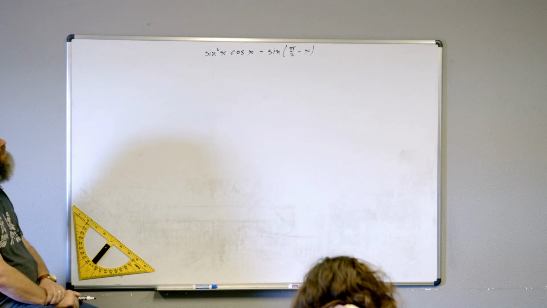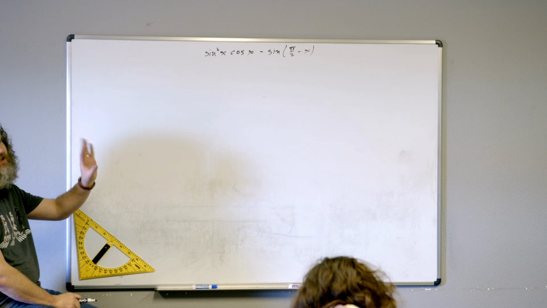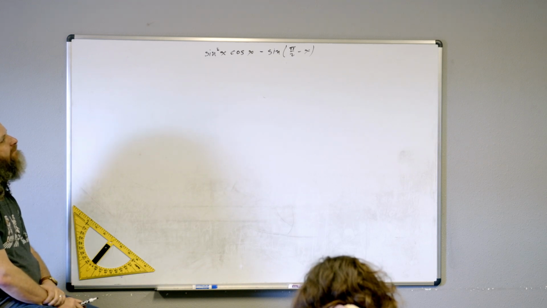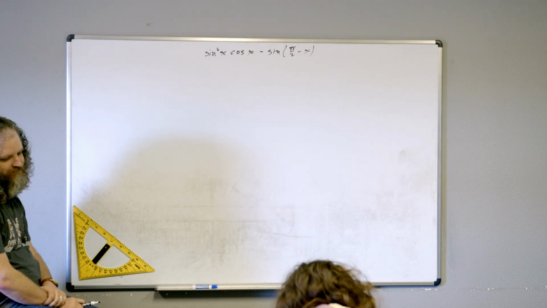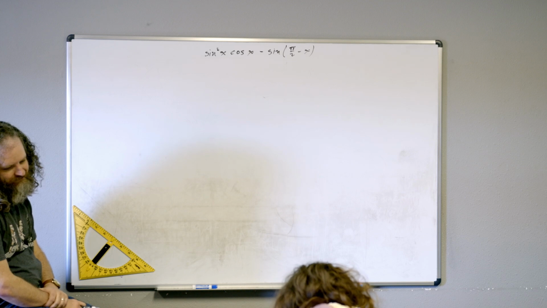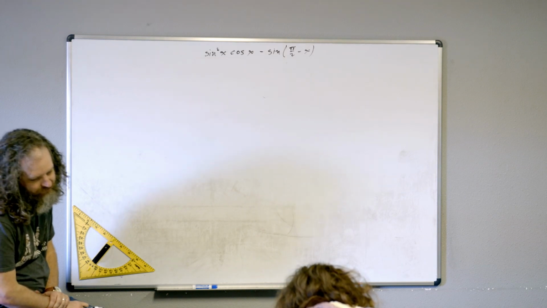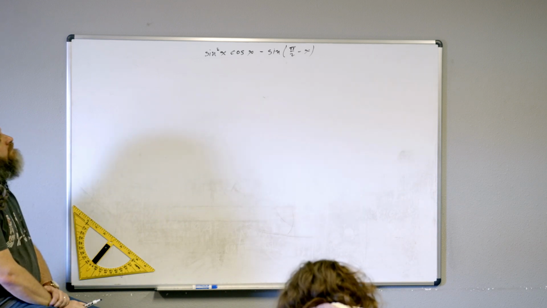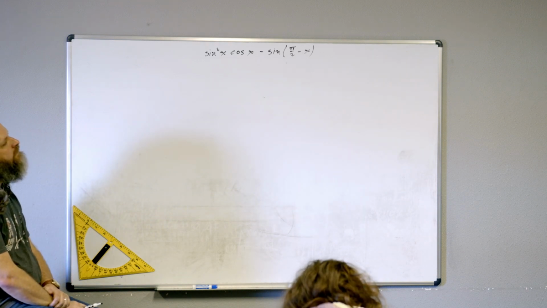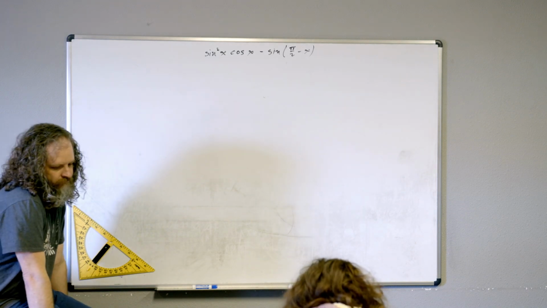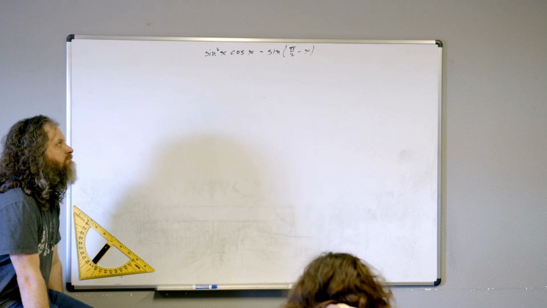Yeah, let's use the co-function identity first. Clean up that ugliness. How do we get there? You can move the negative sign, pi over 2 minus x, over to the other side, so now it's positive.